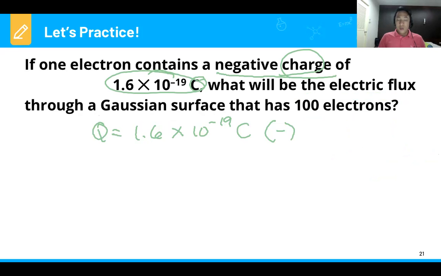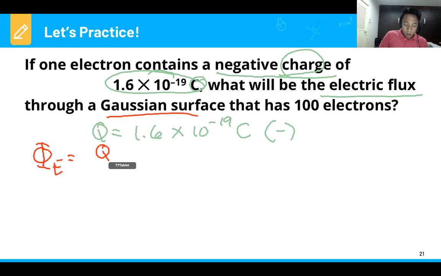Okay? Since we already have one given, we can now solve for the electric flux. Right? Ano bang formula ng electric flux natin? Using the Gaussian surface, electric flux is equivalent to Q over the electric constant.